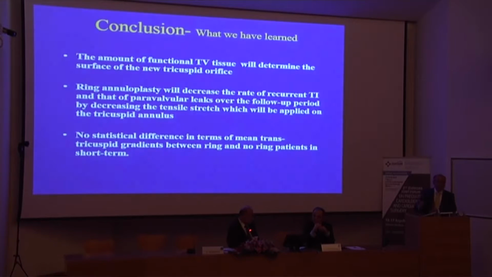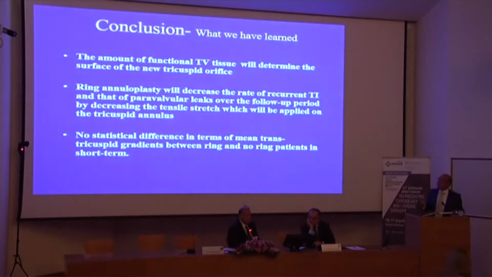What I have learned, based on my personal experience: First, as I have already mentioned, the amount of functional tricuspid tissue will determine the surface of the new tricuspid orifice. There is nothing to do, and I don't prefer to add new material, pericardial material, and compromise the long-term outcome.